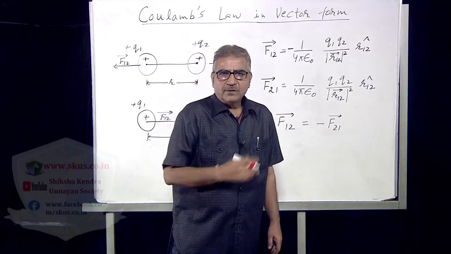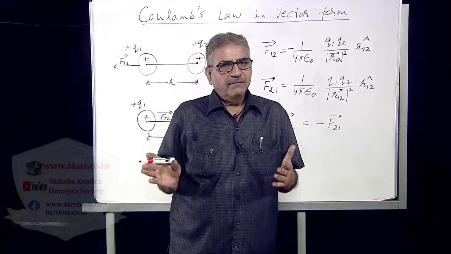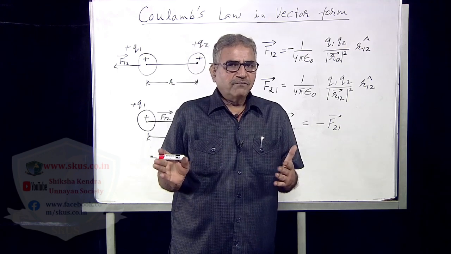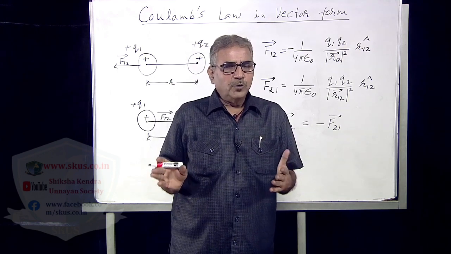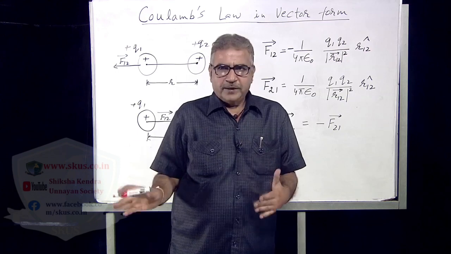So now we have clearly understood how Coulomb's law can be explained in the vector form, and we have also found that the force on charge 1 due to 2 is equal and opposite to the force on charge 2 due to 1. Today, we have understood what Coulomb's law is and how it can be represented in the vector form.